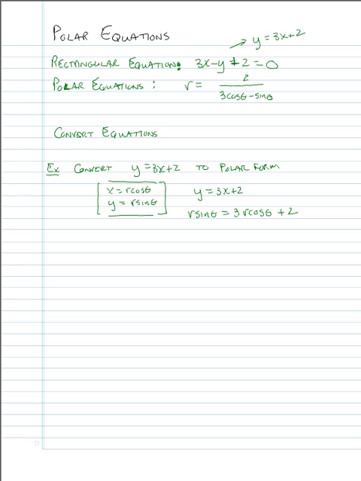What I'm going to do is leave 3r cosine theta on the right side. And I'm going to subtract 2 on both sides, so I have a -2 on the left. And I'm also going to subtract r sine theta on both sides. So I'll have 3r cosine theta minus r sine theta over here on the right-hand side.